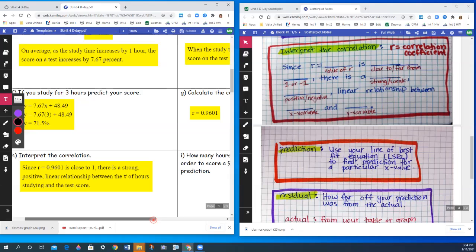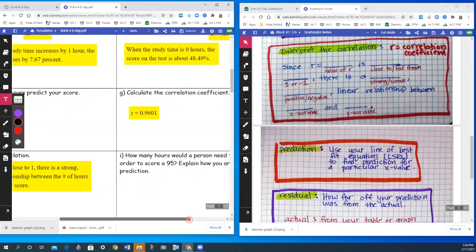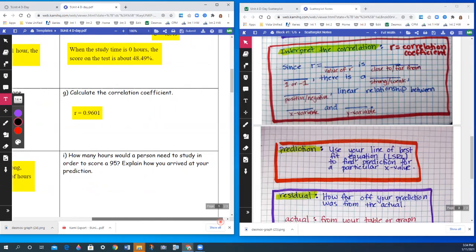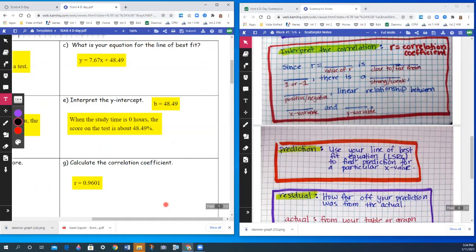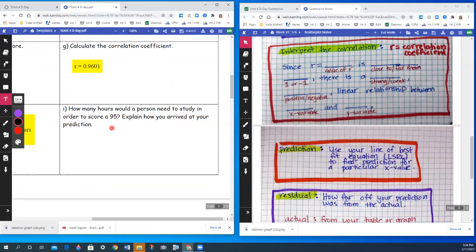So the next thing we're going to do: how many hours would a person need to study in order to get a score of 95? So we're going to take this equation up here. Just going to copy that.